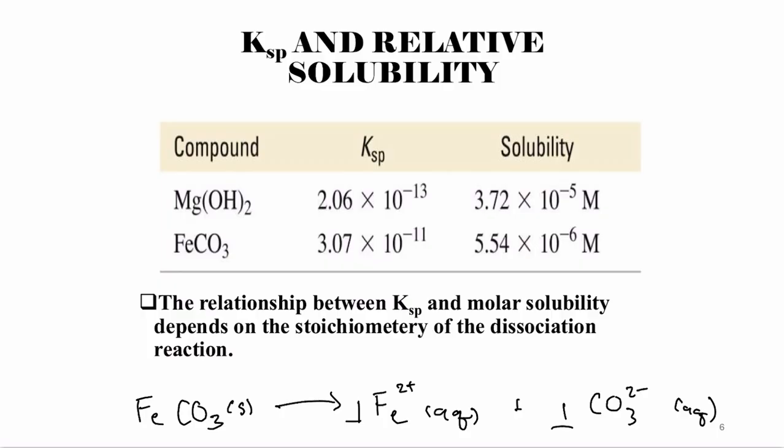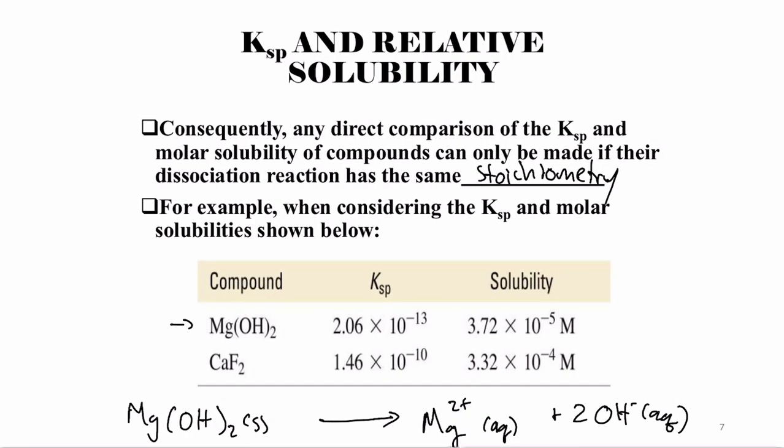right? So if we look at this and compare it with the magnesium hydroxide reaction that we just looked at, this gives us a 1-to-1 of each ion in solution, whereas this one gives us 1 and 2, right? That's what we had here. So that's what's giving us the difference between the trends in molar solubility and the solubility product, right? So these are only going to be directly comparable when the stoichiometry of the reactions is the same for what you're comparing.